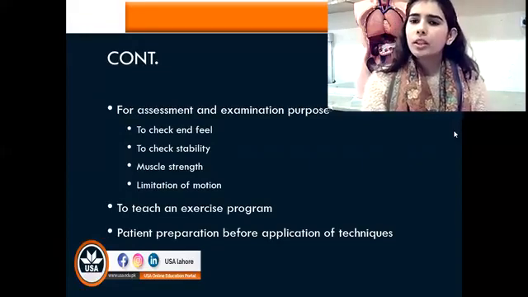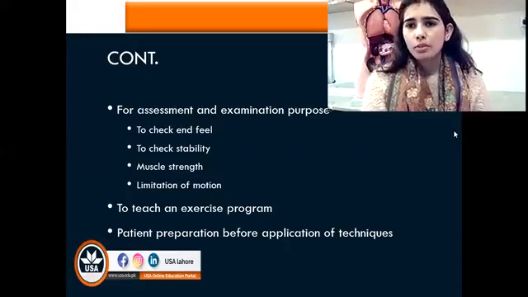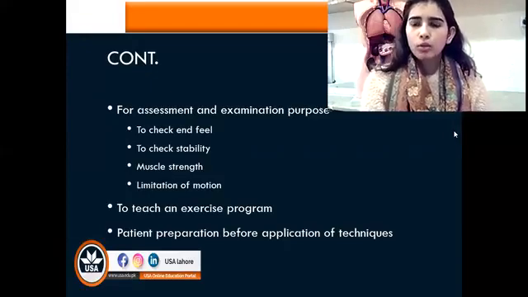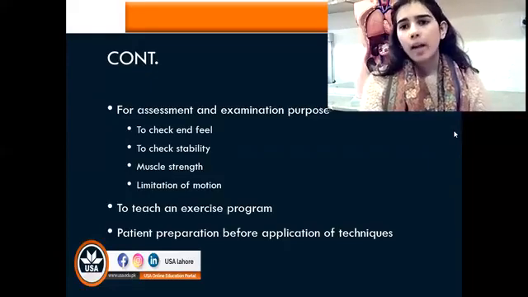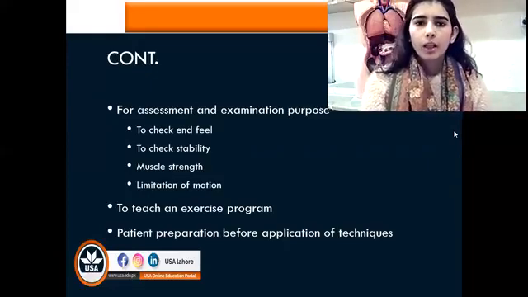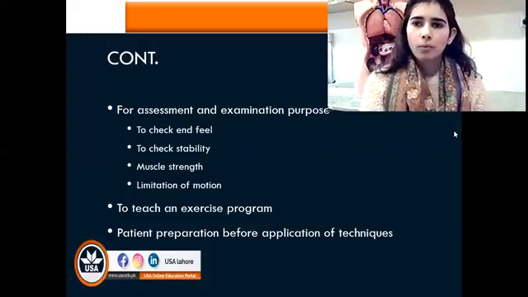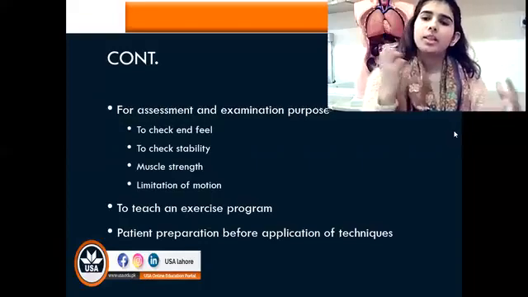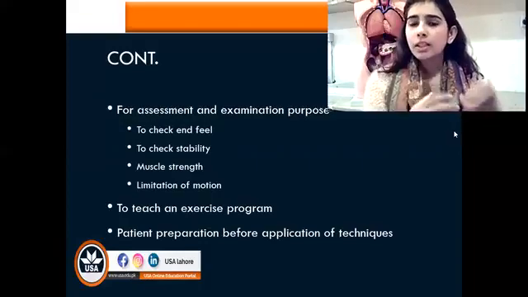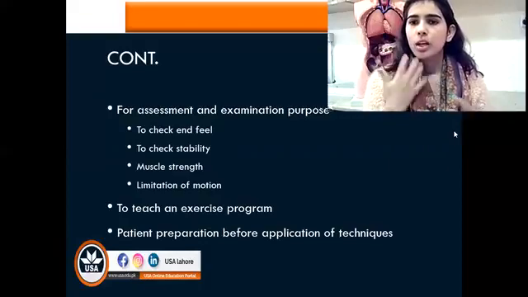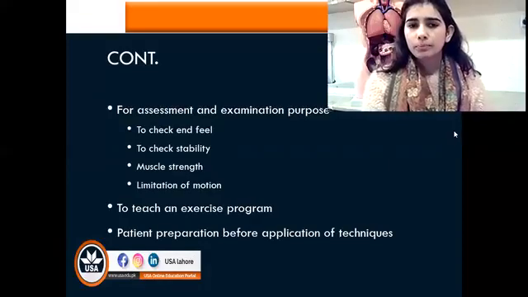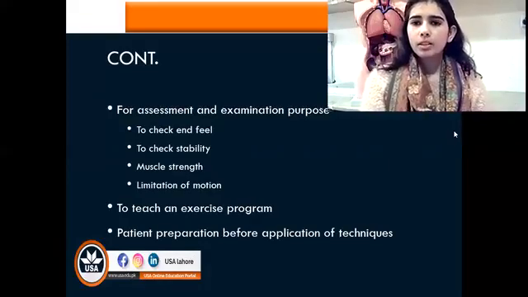As the end feel is the qualitative property of a joint, it can only be achieved by passive movement and an overpressure at the end of the movement. Or to check the stability of the joint, some passive movements are performed. In that case, the hands of the therapist can literally feel the joint and the effect the joint has been creating. Then comes muscle strength.